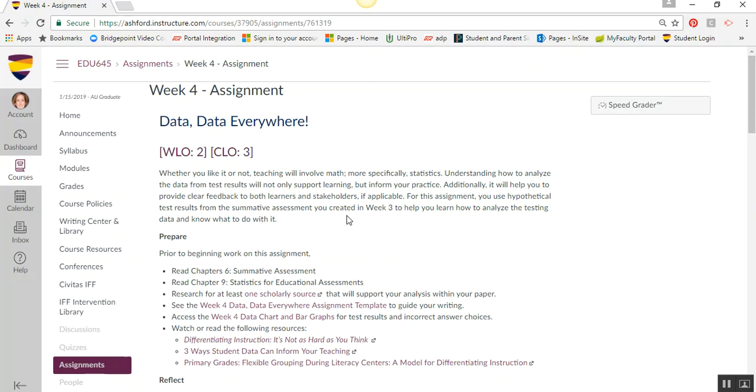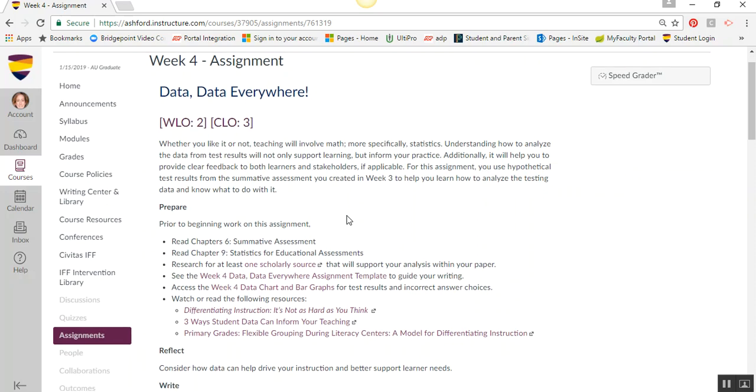But for this assignment, it's called Data Everywhere. You're going to read chapters 6 and 9, and those two chapters have some great information, especially chapter 9 about statistics. You're going to have to find one scholarly source, and then make sure you download this template, which I'm going to walk through.